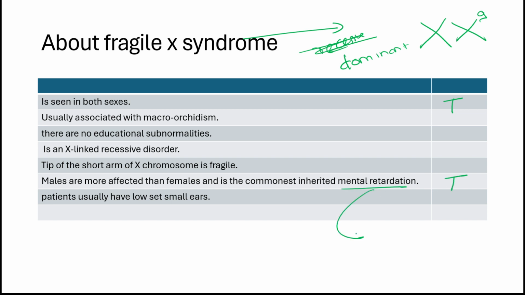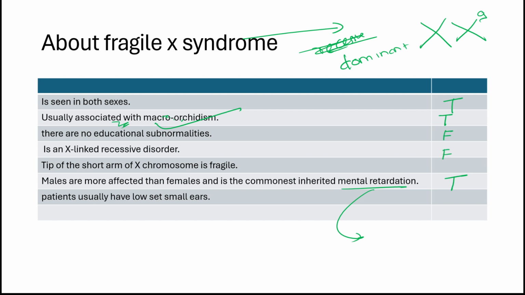Mental retardation per se, you can say that there are intellectual disabilities, will show autism spectrum disorders, and will show a lower IQ. So those are few criteria that you should know. Now, you should associate with macroorchidism. Yes, that's a true statement. There are no educational abnormalities. False statement, as I said, there are intellectual disabilities. It's an X-linked recessive disorder.